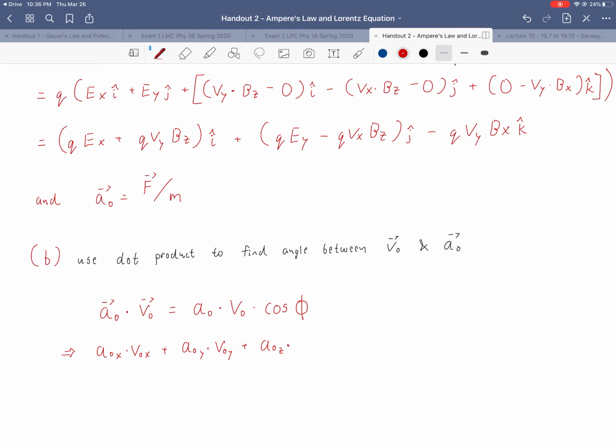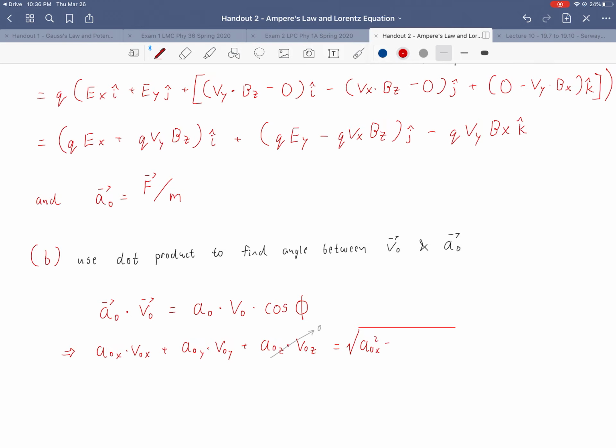Well, that's the thing. V naught Z is actually 0. So it would just be times 0. So we know right away that this component is going to be 0. All right. And then that would be equal to their magnitudes. Well, what do the magnitudes look like? We just get those from the three-dimensional Pythagorean theorem, the distance formula.